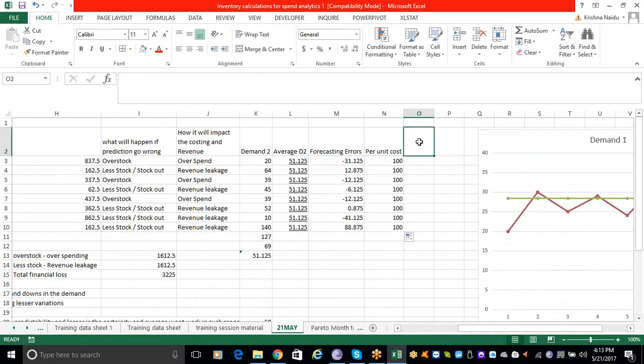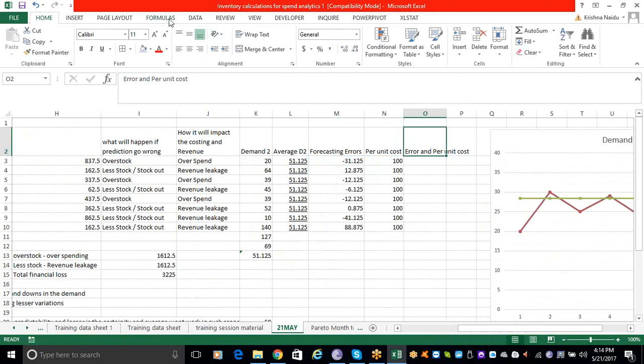I'll multiply the error and the per unit cost, which is equivalent to 100 into 131.1.